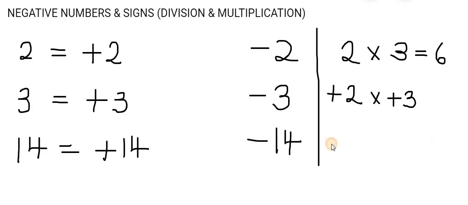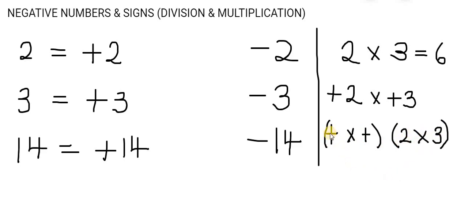So what you're then doing is multiplying the signs separately and multiplying the numbers separately. Okay? So plus times plus, that gives you a plus. 2 times 3, that gives you 6. So you have plus 6. Now remember, if it's a positive number, I can hide the positive sign and just write it as 6.